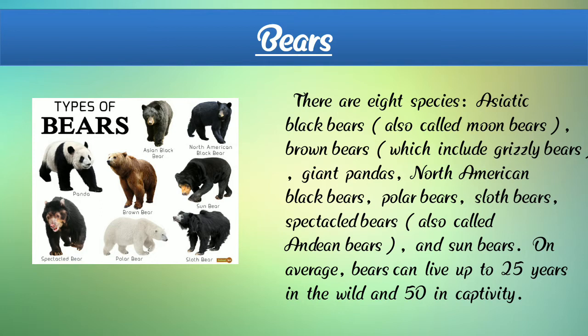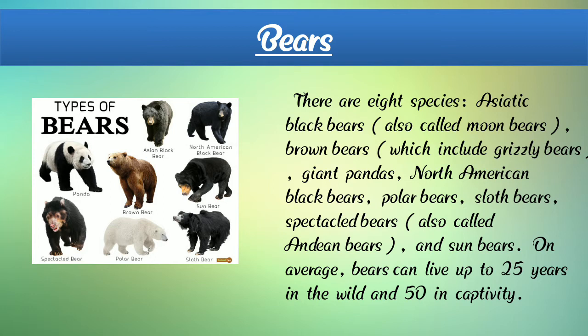So there are 8 types of bears, and these are Asiatic black bears, also called moon bears, brown bears, which include grizzly bears, giant panda, North American black bears, polar bears, sloth bears, spectacled bears, also called Andean bears, and sun bears.